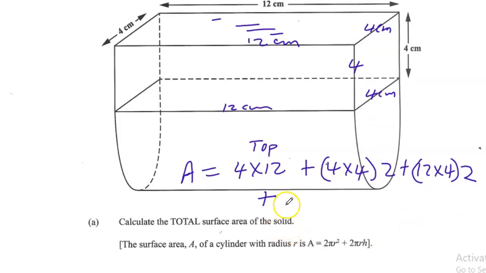Total surface area of a cylinder is 2 pi r square plus 2 pi r h. But remember, we are calculating half of a cylinder, because it's a semicircle, as the question says. So we actually calculate surface area for half of the cylinder.